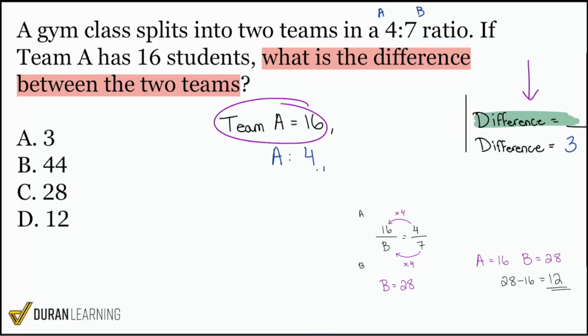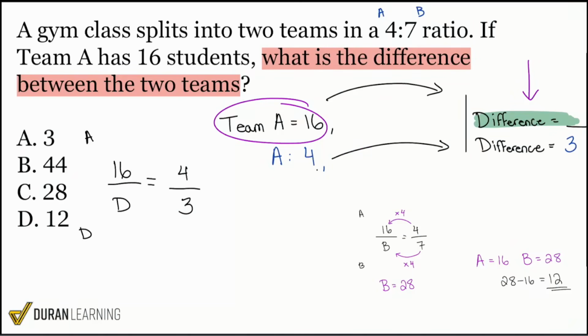We have team A compared to the difference. I can still get the same correct answer in way less steps. Watch this. I'm going to compare team A to the difference, and that'll be 16 over the difference equals A compared to the difference, right there.